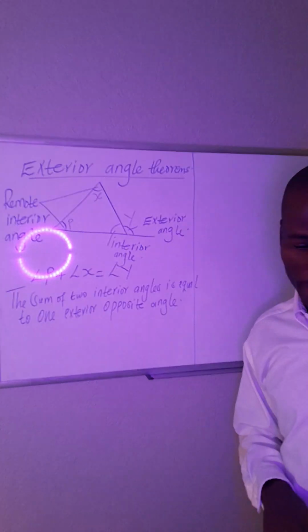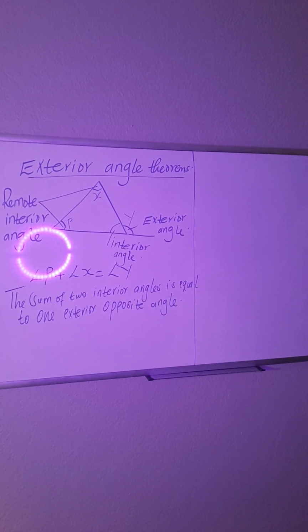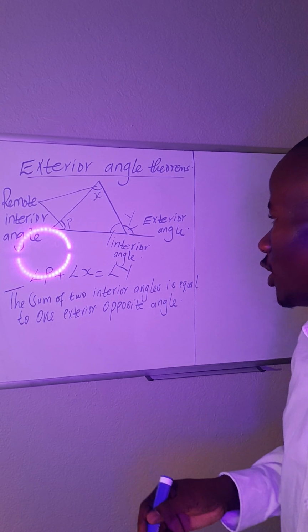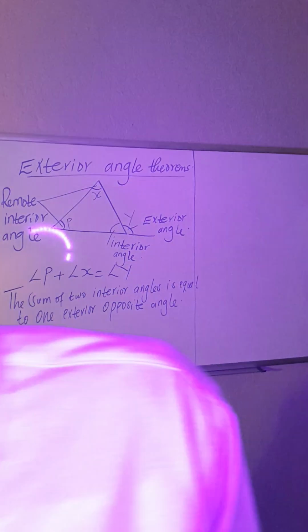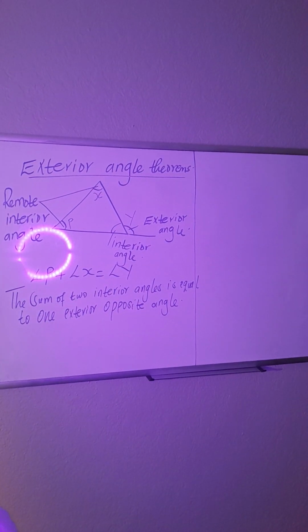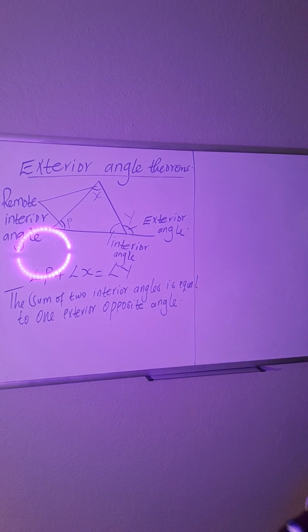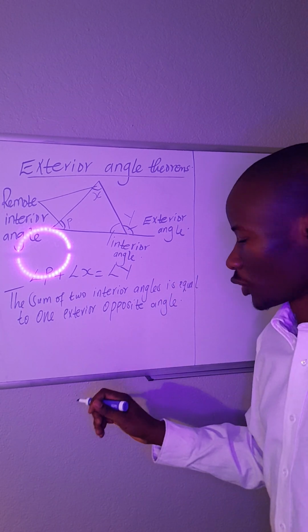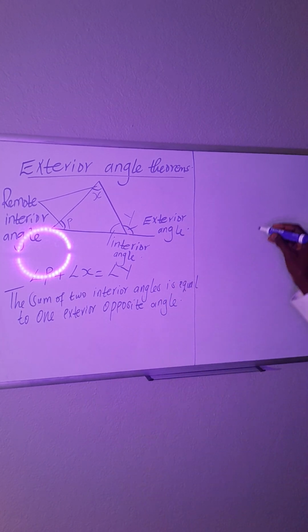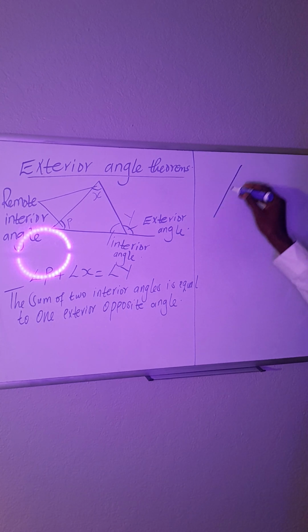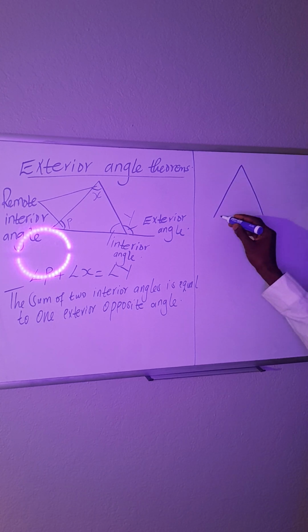Now, with this in mind, I'll go ahead and give you an example of a question, where we try to find some missing angles. Let's say this is my question here, and I am finding the missing angle.